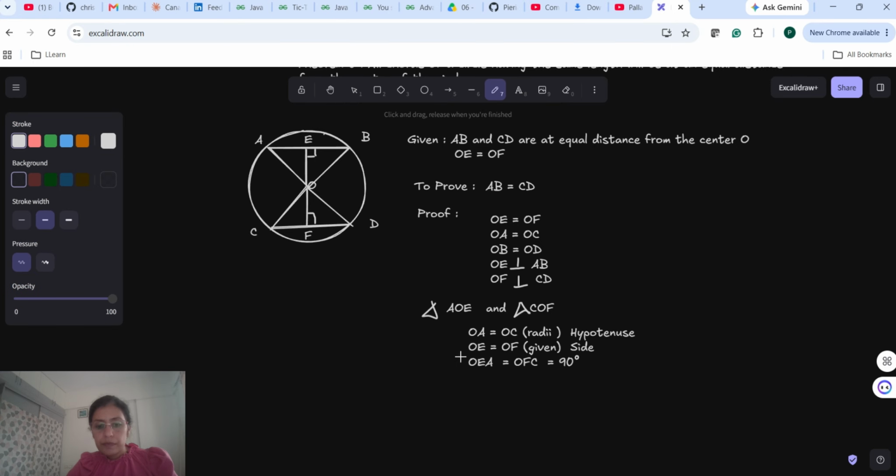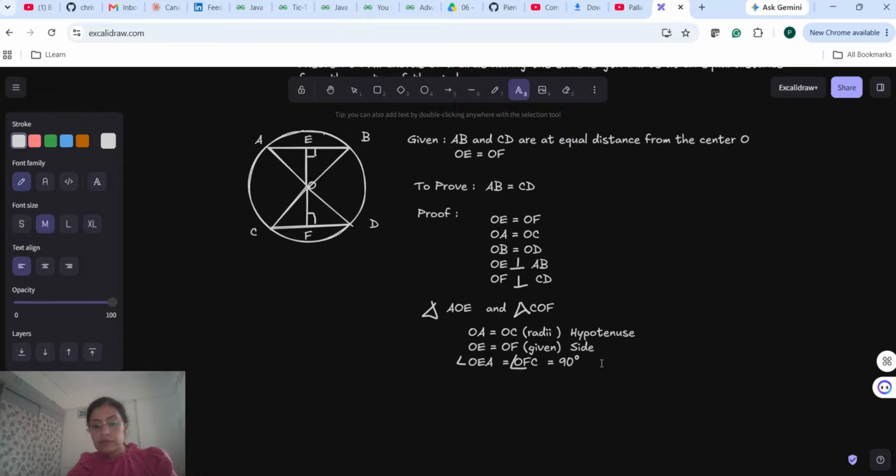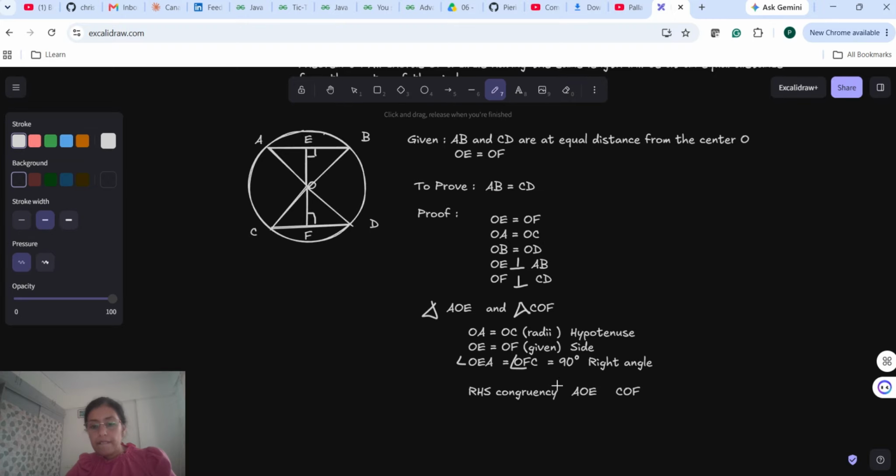which is the right angle. So with RHS congruency, right angle hypotenuse side congruency, we can say that our triangle AOE is congruent to triangle COF, right?